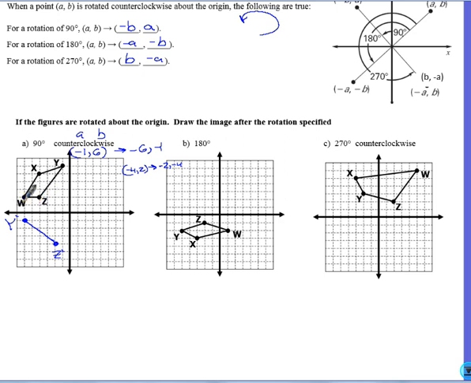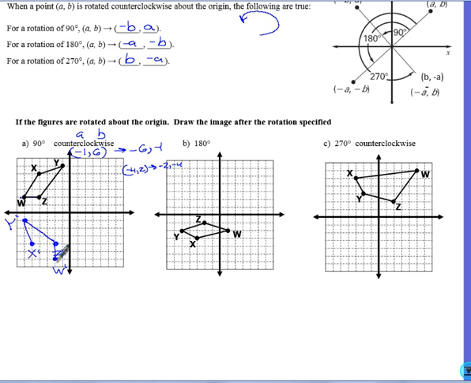From Z to Y, I'm going left 2. If I rotate that, that would be the same as going down 2. Then I can put W prime there, and do the same thing from Y to X. I go down 1 and left 3, so instead I would go down 3 and over 1.